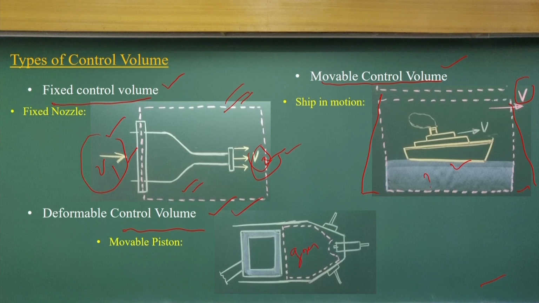If I consider this volume, the space occupied by the gas will deform, so it is also movable. This is a very interesting concept: we can have three types of control volume: fixed, movable, or deformable. Whether the problem is a ship in motion, a fixed nozzle, or a movable piston, that is how we define it.